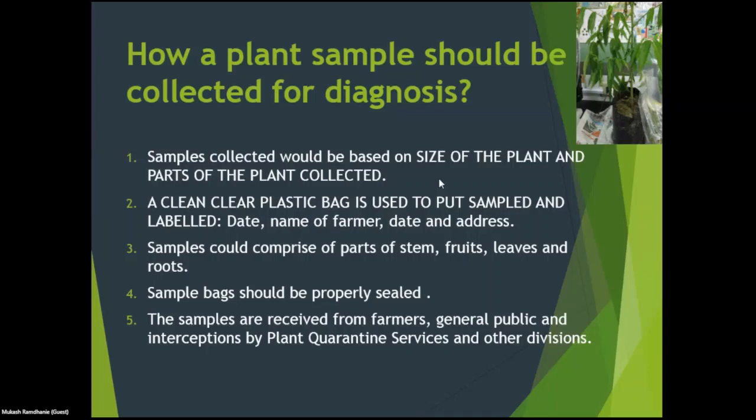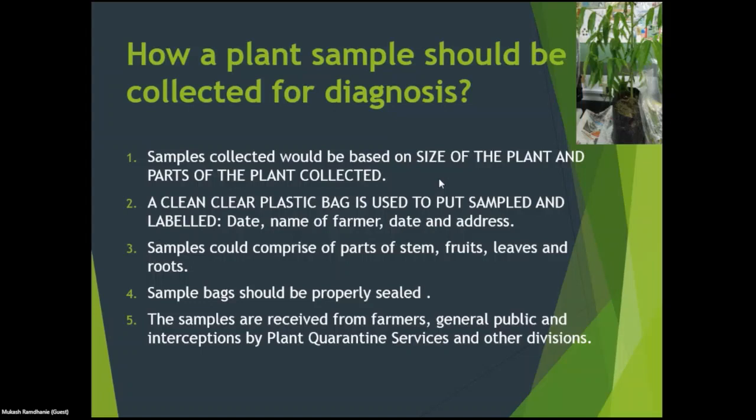How a plant sample should be collected for diagnosis. Now, if the officer is unable to identify the problem in the field, then a sample will have to be taken from the plant. It could be a part of the plant, a whole plant, or a fruit.